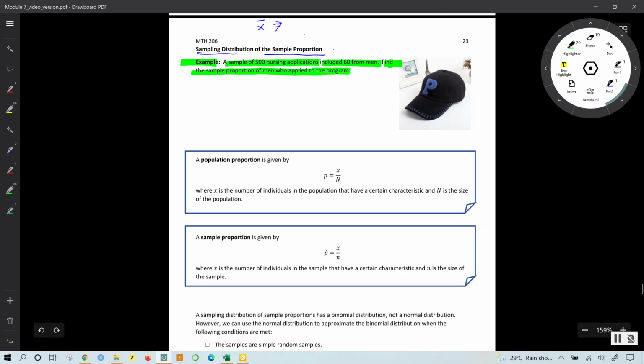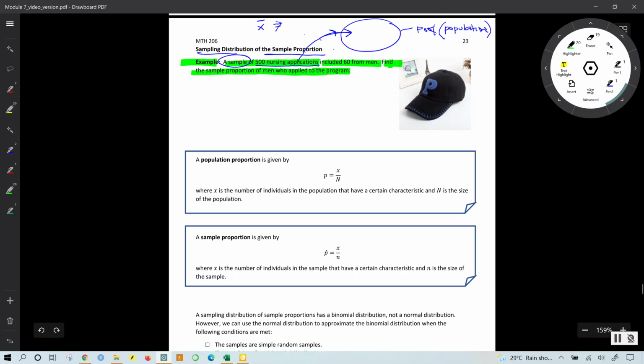A little backstory to this. If we're choosing a sample of 500 nursing applications, then there must have been a bigger pool. This bigger pool in statistics will be called the population, or the entire population of all nursing applications.